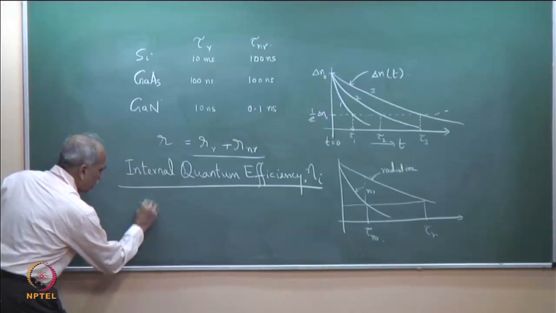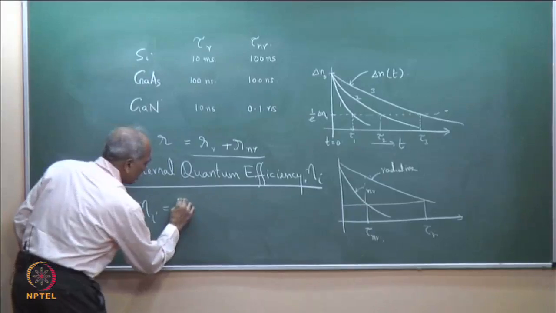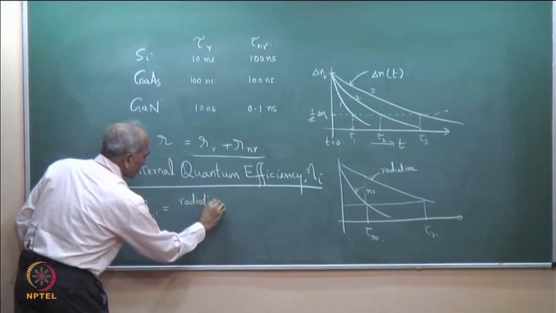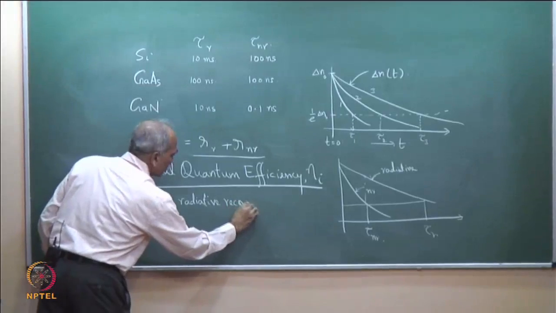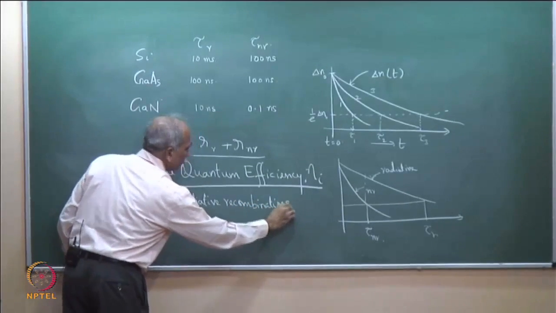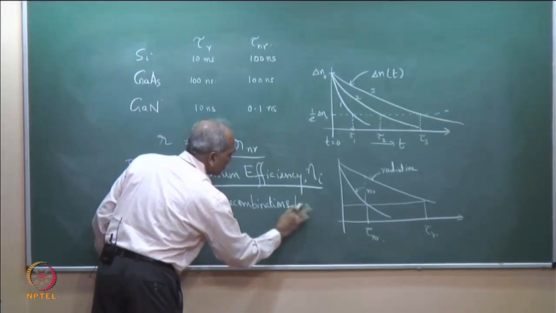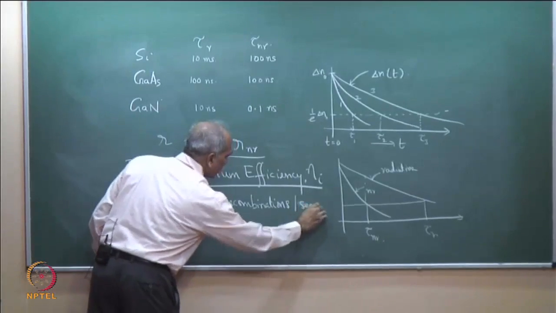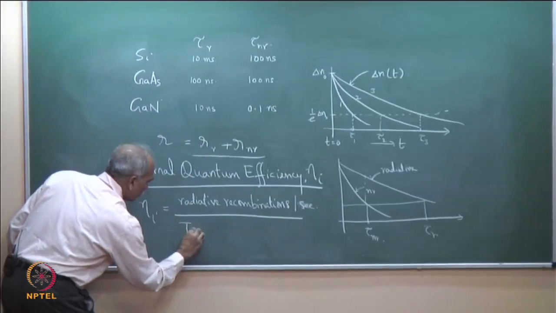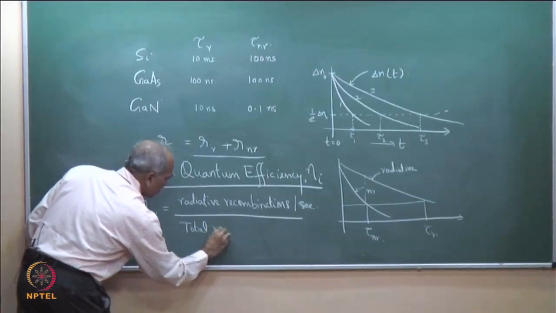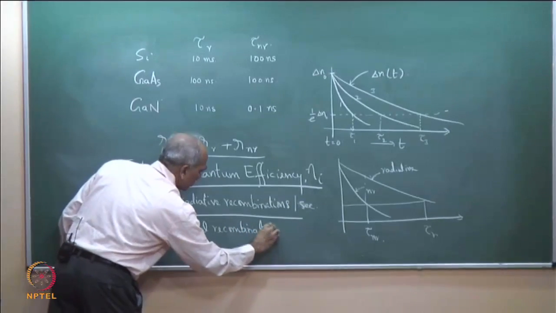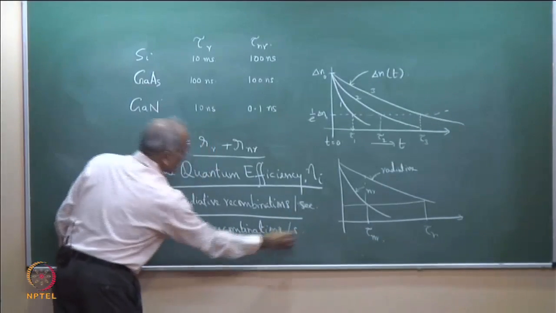So, eta I is equal to the ratio of radiative recombinations per unit time, that is per second, divided by total recombinations per second.